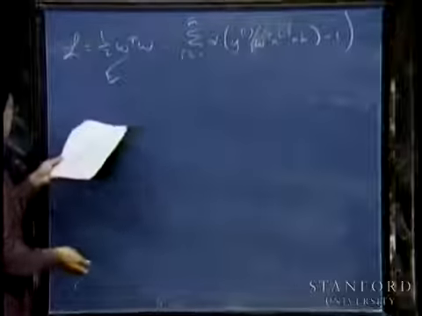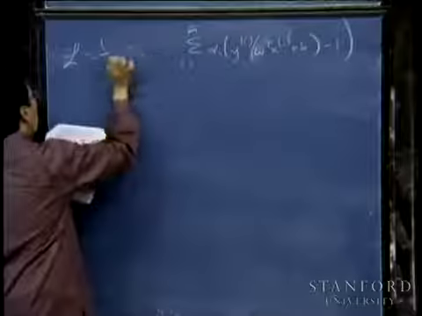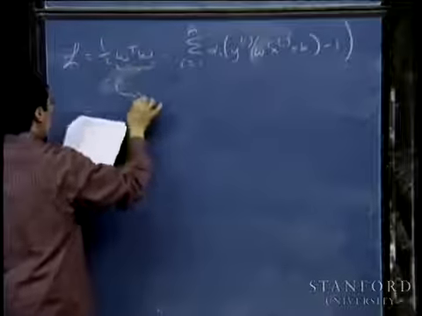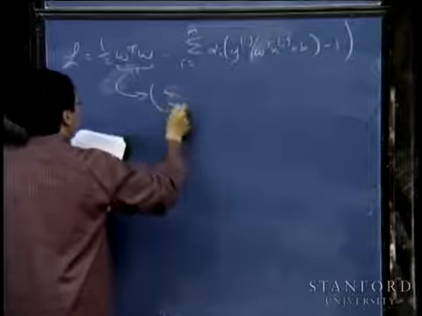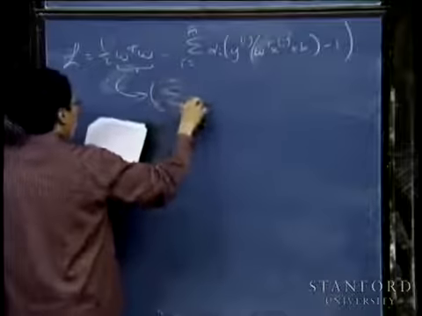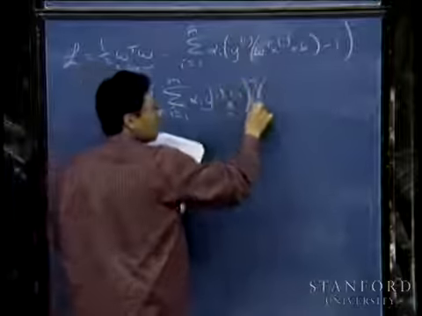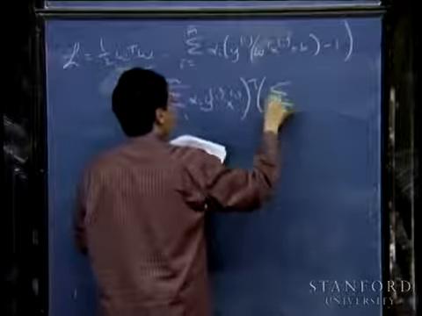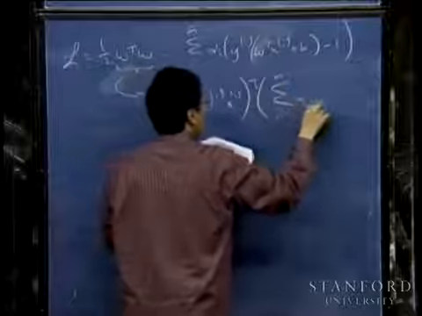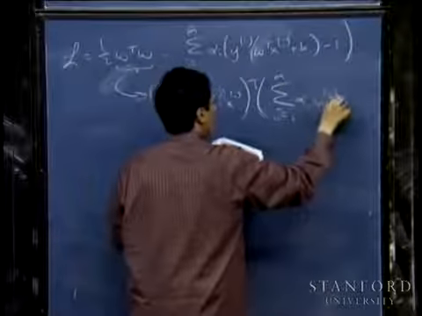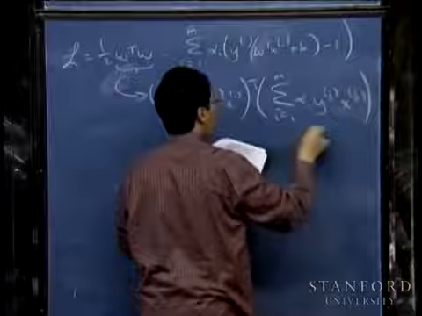So this first term, W transpose W, becomes the sum from i equals 1 to m of alpha_i y_i x_i, transposed. Right.